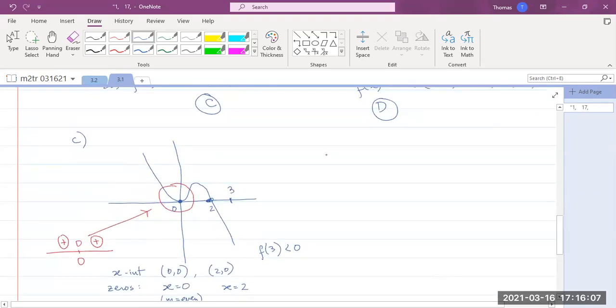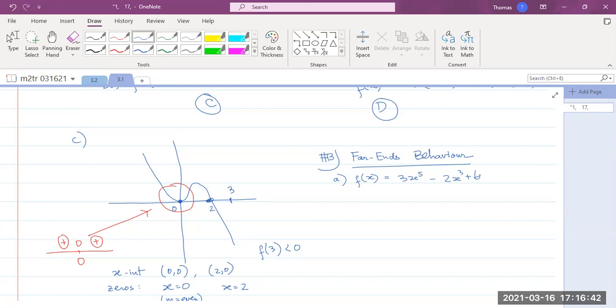Number 13, far ends behavior. (13a) f(x) equals 3x to the 5th minus 2x cubed plus 6. How will the graph of this function behave when x goes to infinity and when x goes to negative infinity? It follows the leading term only. Okay, and far ends behavior is basically something you need to memorize.